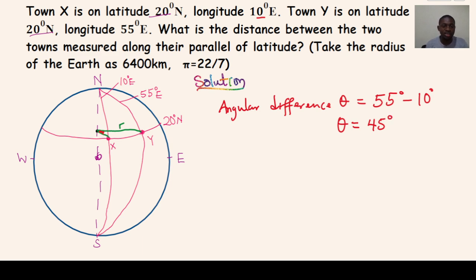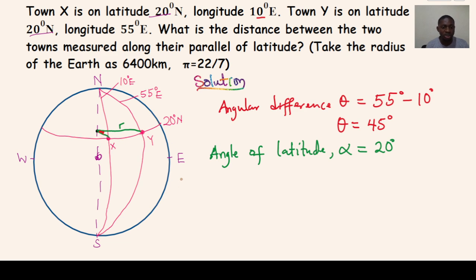After getting the angular difference, we also need to know that this is the angle of latitude, because we are working on a small circle. Angle of latitude, which is the alpha, is equal to 20 degrees. Now that that is known, we come to the conclusion that this is a small circle.